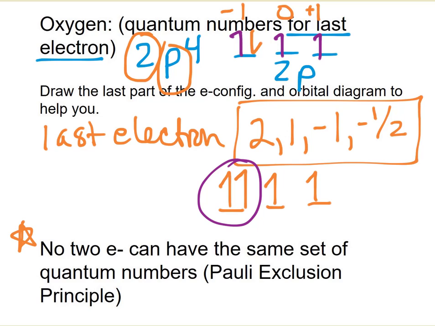So every electron gets its own set of 4 quantum numbers. So that's why when you do these orbital diagrams, you have to have the opposite spin if they share the orbital. It's just a way to describe how 2 electrons can share the same space, that one has an upspin and one has a downspin.